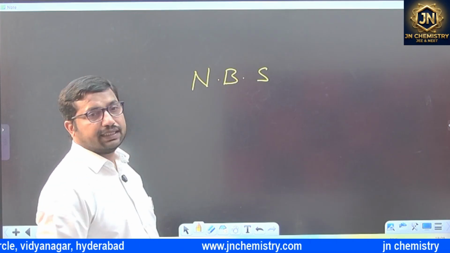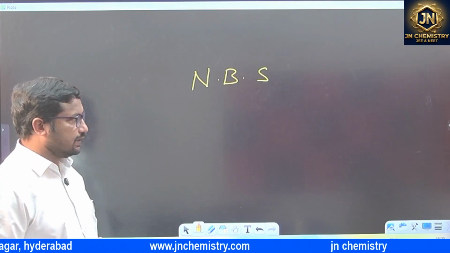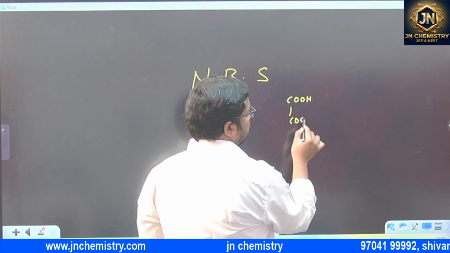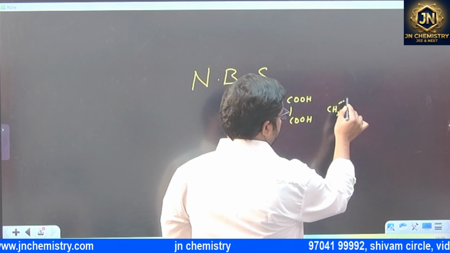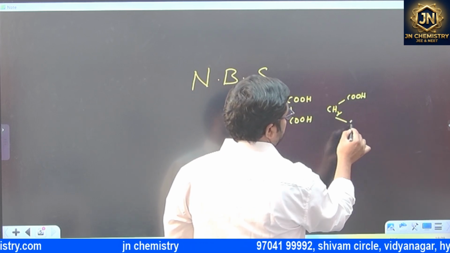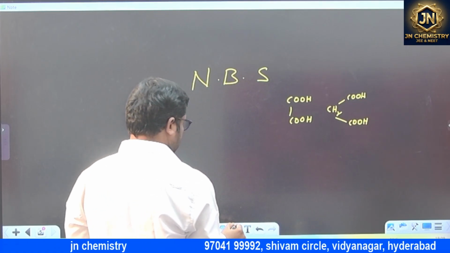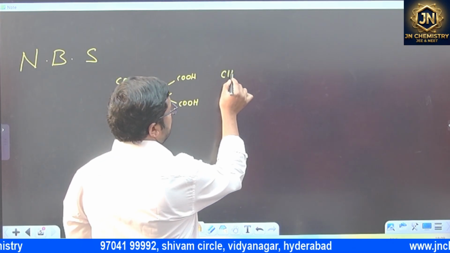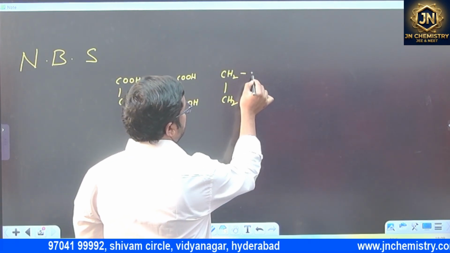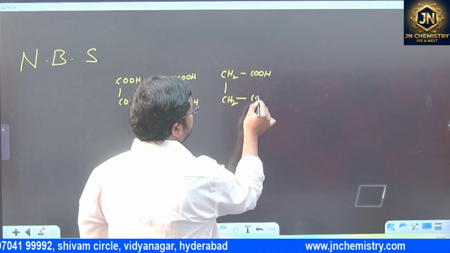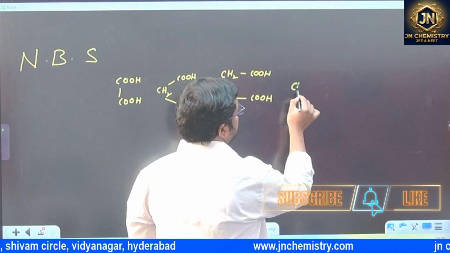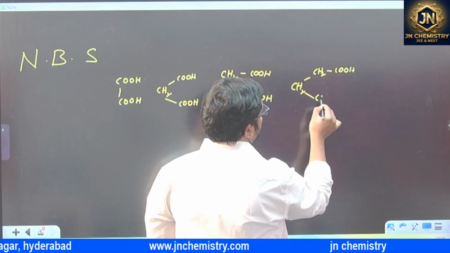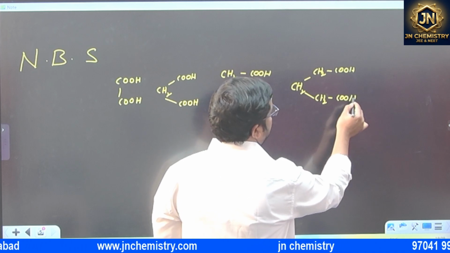N-bromosuccinimide. So we know succinic acid. What is succinic acid? This is oxalic acid. This is malonic acid. This is succinic acid. Next one is glutaric acid.